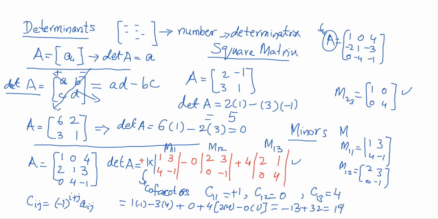So in this case, we have found out that the determinant of this matrix is 19. Okay, so there is another shortcut method for finding the determinant for a 3 by 3 matrix only.